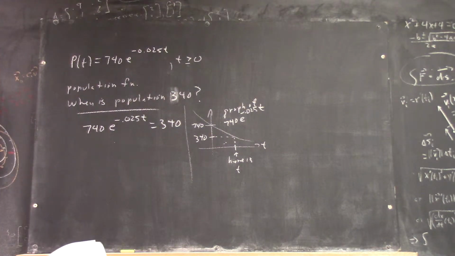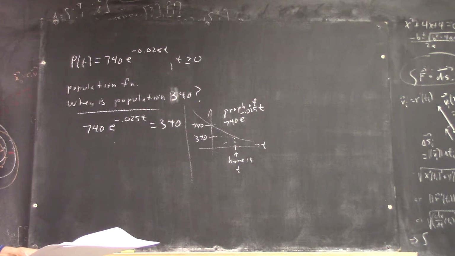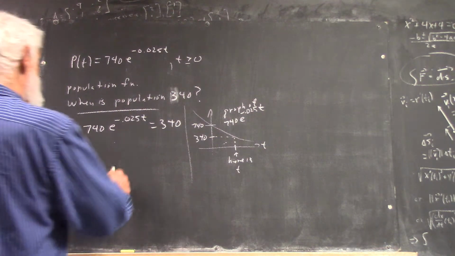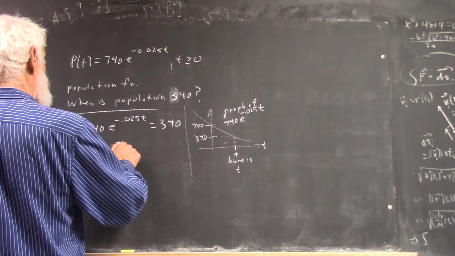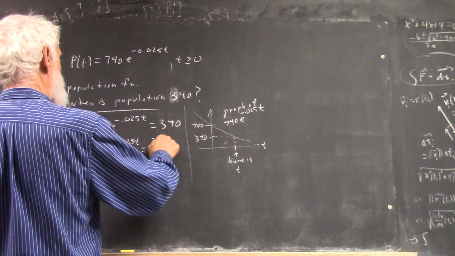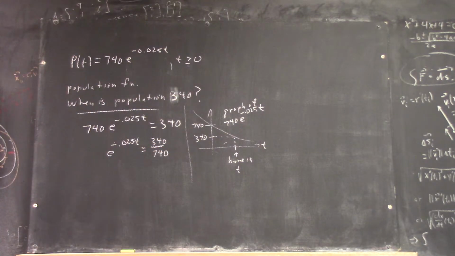How do you solve this equation? What's the first thing you're going to do? Yes, you're going to divide both sides by 740. And then what are you going to do?